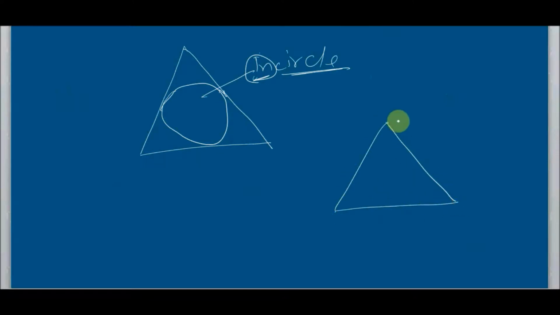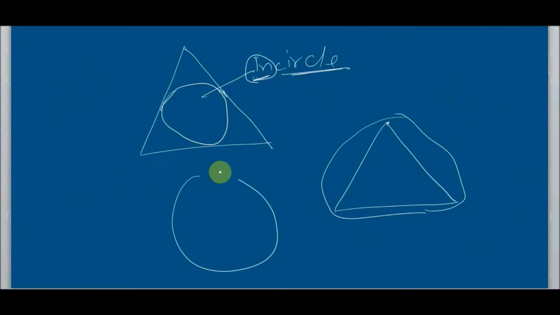And if I draw a circle such that it is passing through the three vertices, like I first draw a circle and after that I draw a triangle like this, this will be called a circumcircle.